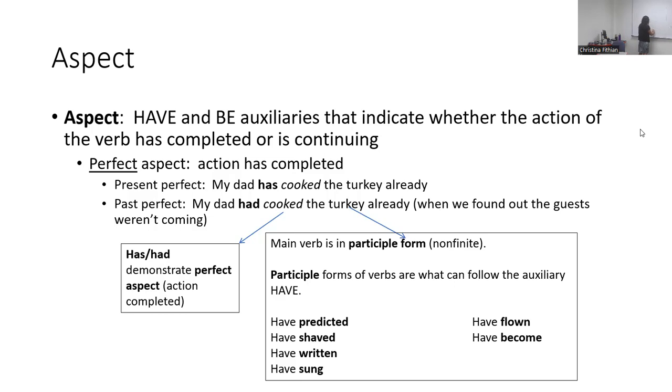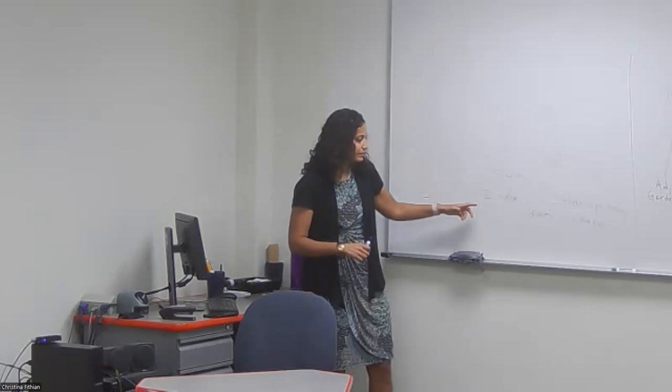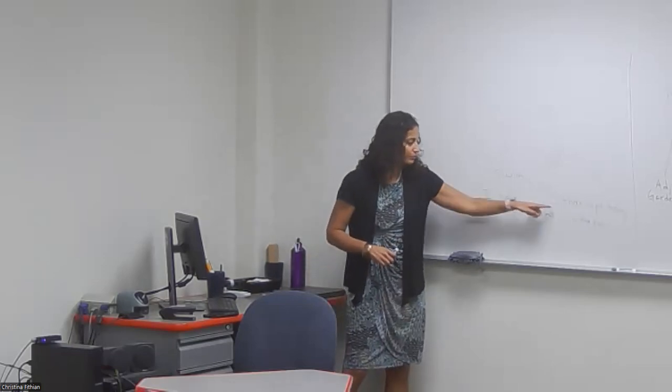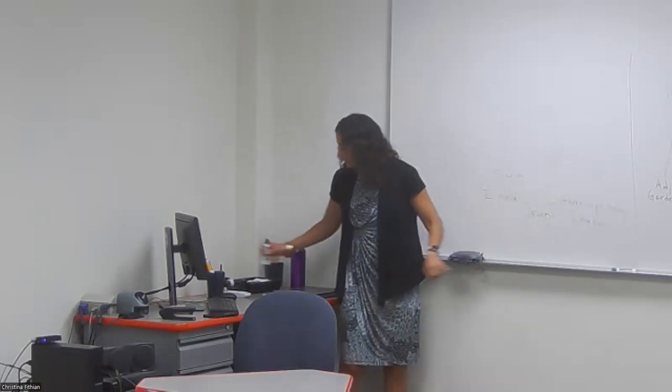And I want you to use the verb swim correctly. Okay, so again, my sentence is I have blank 3 laps today in the pool, and the verb we want to use is swim. Now, go ahead and just take a minute and tell me what's the form of this word.